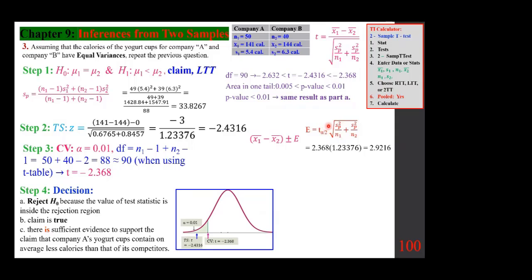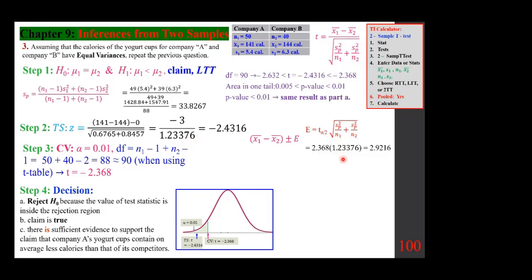So t, we have it as this number, so we don't have to look for it. What about this quantity? It's the same denominator as here, so it's the same as this number. So one more time, E is the product of t, the critical value, which you already have, and this denominator of the test statistic, right here.